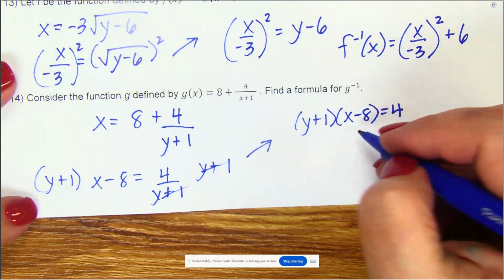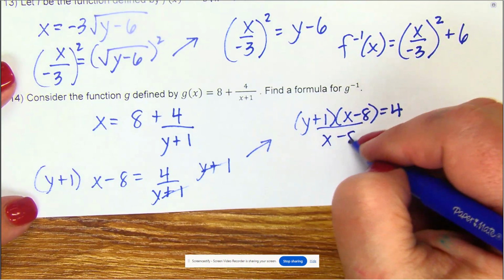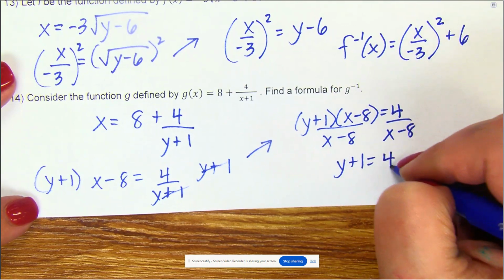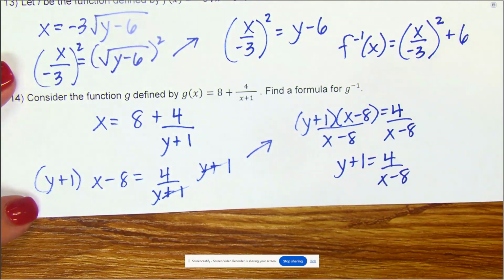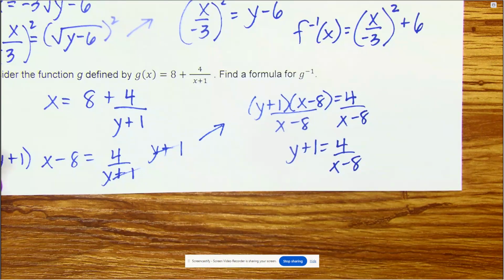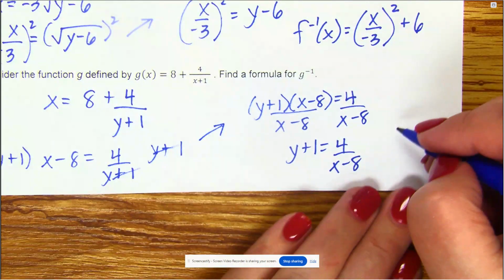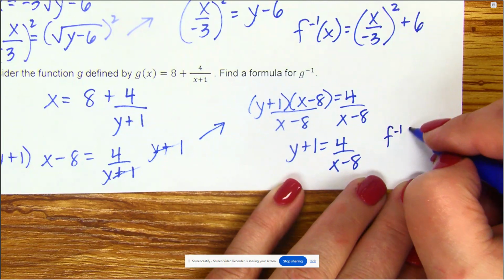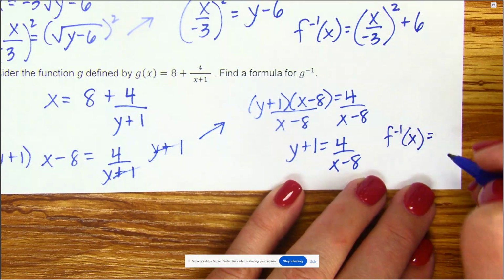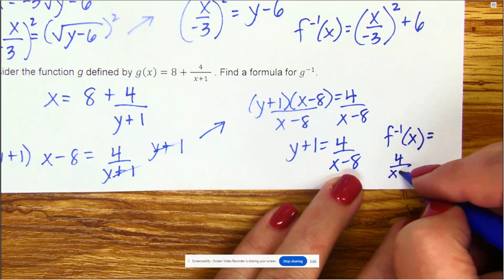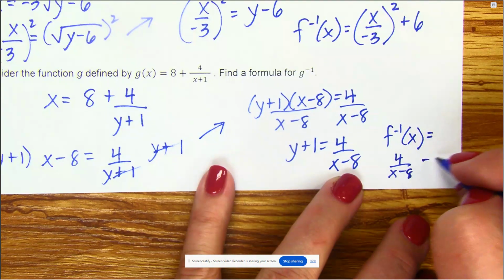Trying to get y alone, now I'm going to divide by the x minus 8. Y plus 1 equals 4 over x minus 8. And I'm trying to get y alone, so the last move is to subtract 1. I'm going to write my final answer. The inverse function of g is 4 over x minus 8 minus 1.